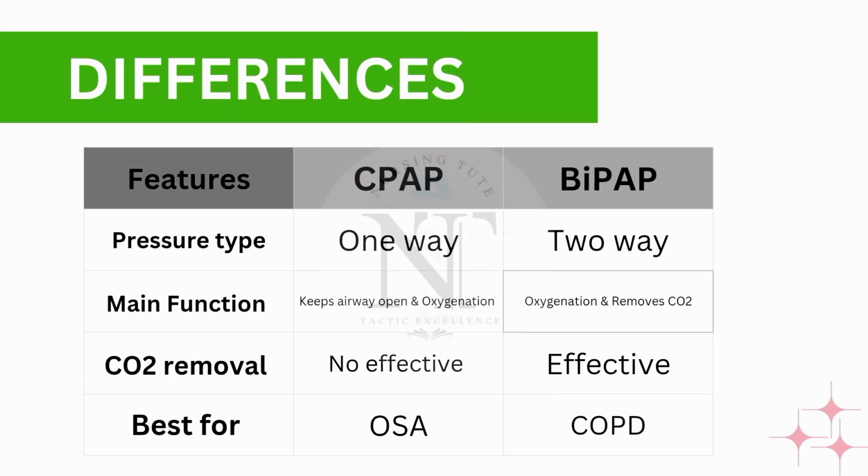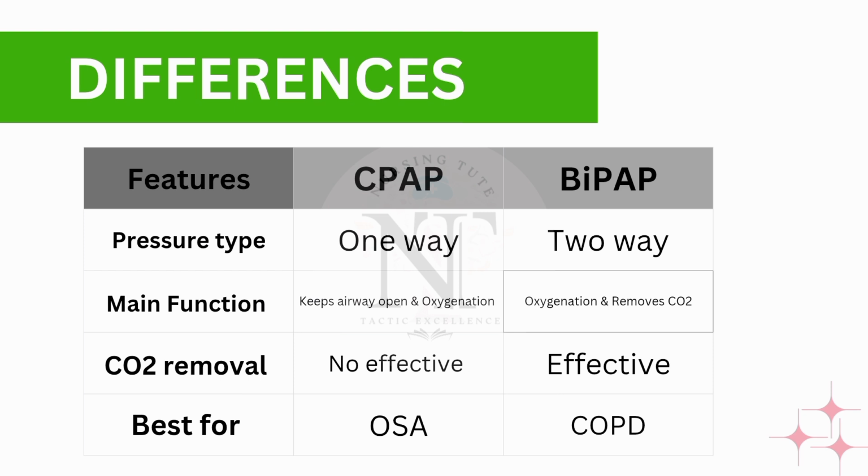And the major difference between CPAP and BiPAP is the pressure support. In CPAP, there is only a constant pressure for both inspiration and expiration, whereas in BiPAP there are two pressures, one for inhalation and another for exhalation. The main function of CPAP is to keep the airway open and improve oxygenation, whereas BiPAP helps in improving oxygenation and removal of CO2.